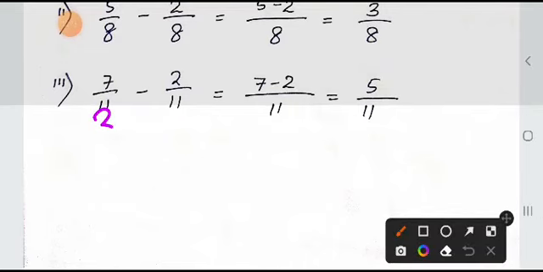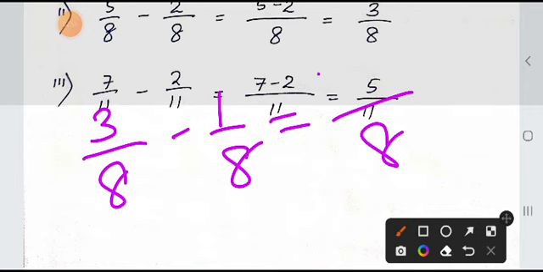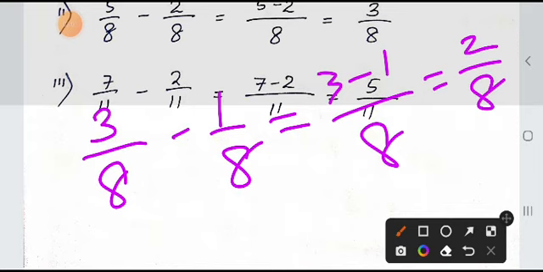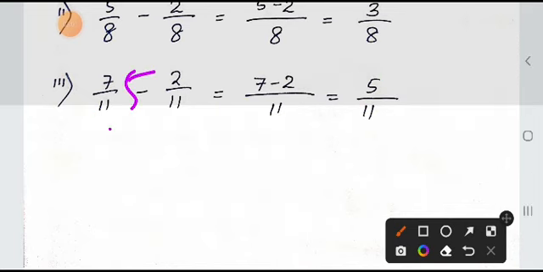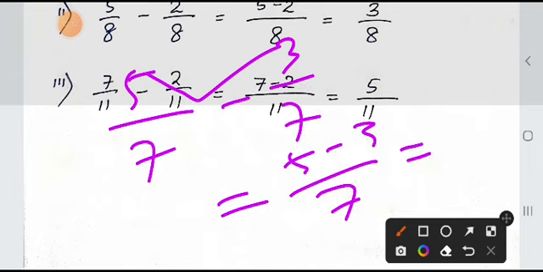Suppose you have any other example like 3 upon 8 minus 1 upon 8. You can clearly say that there will be denominator 8, and in the numerator that will be 3 minus 1. So 2 by 8 or 2 upon 8 is the answer. Okay. Likewise, suppose you have 5 upon 7 and you are subtracting 3 upon 7, we can say the denominator will be 7 and the numerator there will be 5 minus 3, so it will be 2 upon 7.